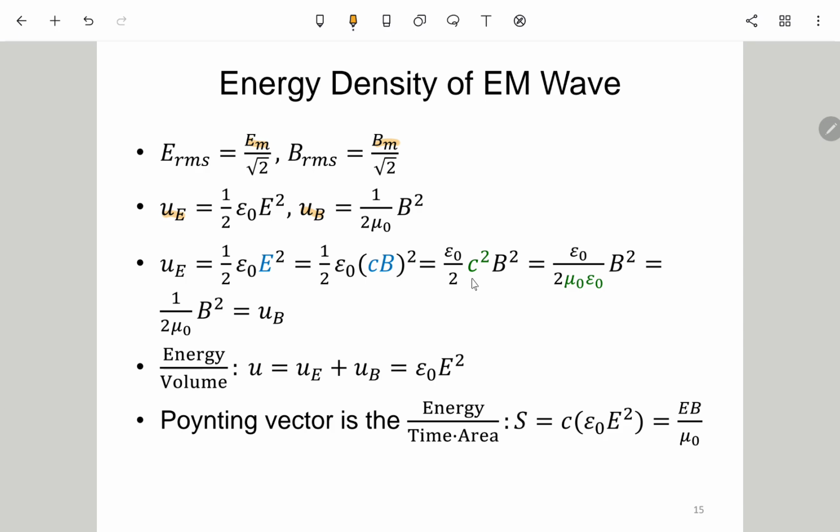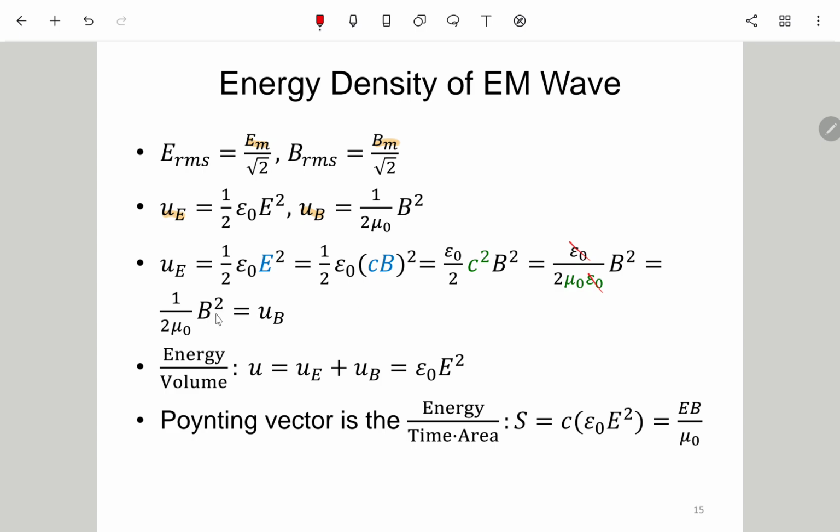Then we make use of C squared, where C equals 1 over the square root of mu naught epsilon naught. Just plug in the speed of light here, so C squared will be 1 over mu naught epsilon naught. The green term goes to this green term, and then we can cancel this epsilon naught with this epsilon naught.